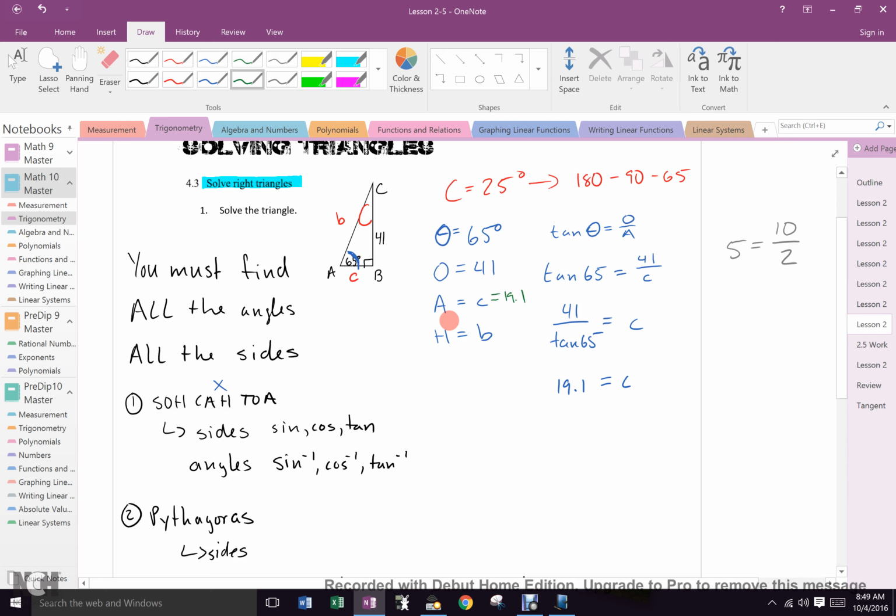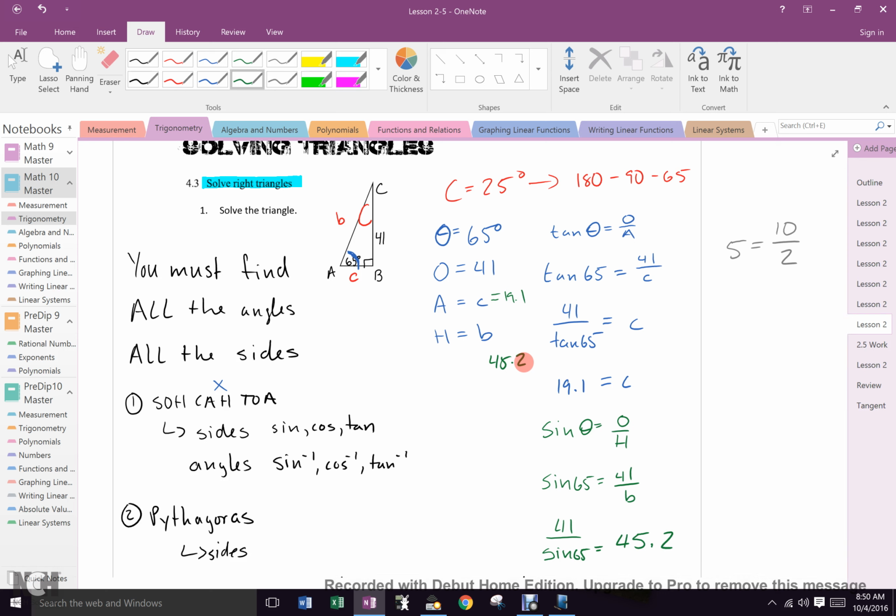So now I need H, and I've got an O. So I'm going to do sine of theta is O over H. Sine of 65 is 41 over B. We know that I've got to do division. And what do I get? 45 point something. 45.2.